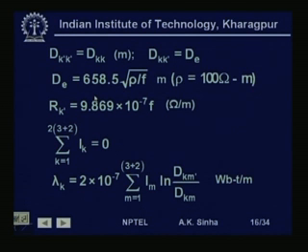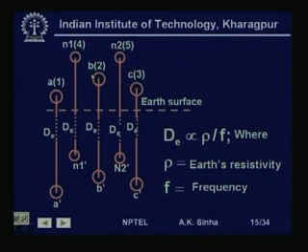So, for any conductor k, we have the ground conductor k dash. The distance of k from itself, d_kk, is the GMR of that conductor, and the distance d_kk dash from conductor k to k dash is dE.